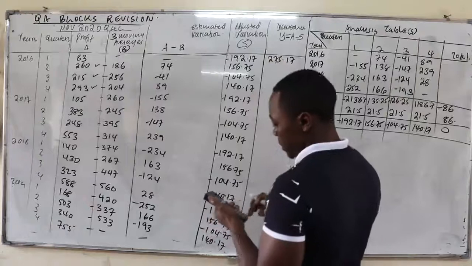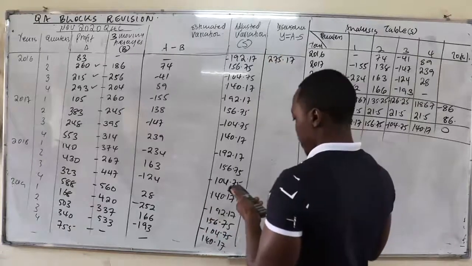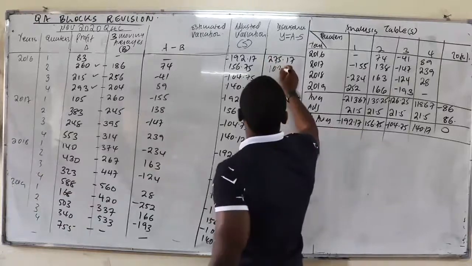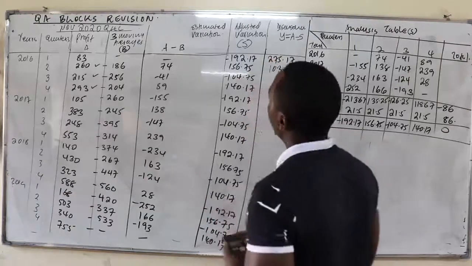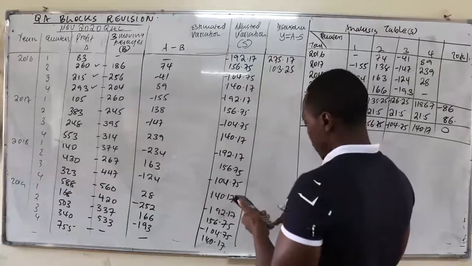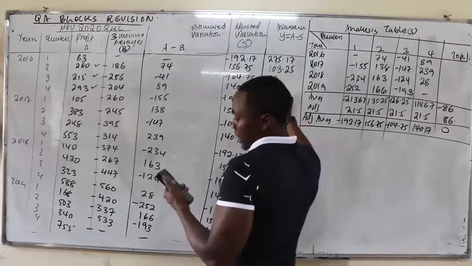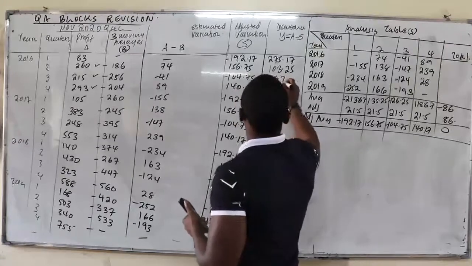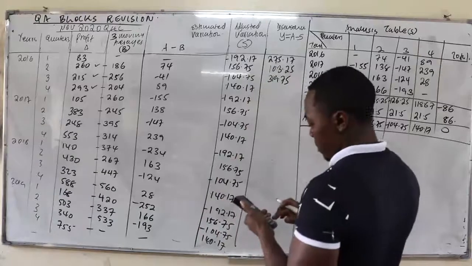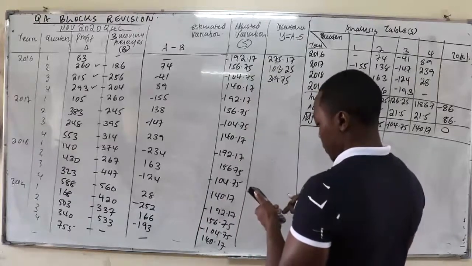You take 260 minus 156.75, get 103.25. 215, you'll get 319.75. 293 minus 140.17.